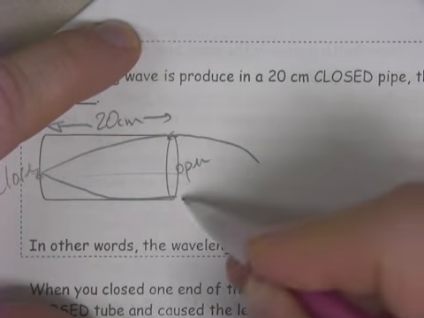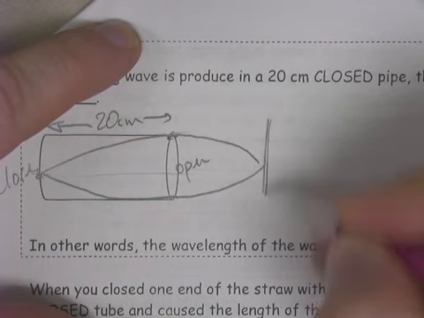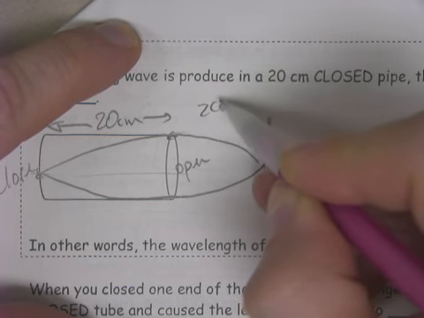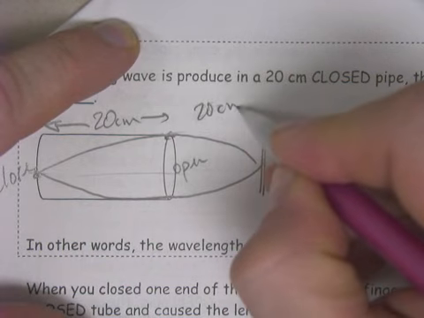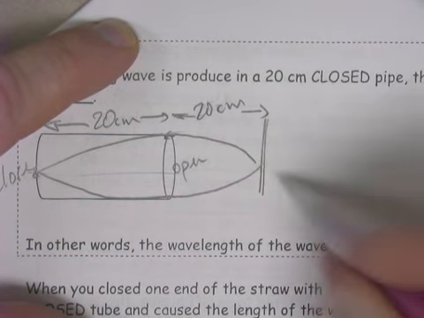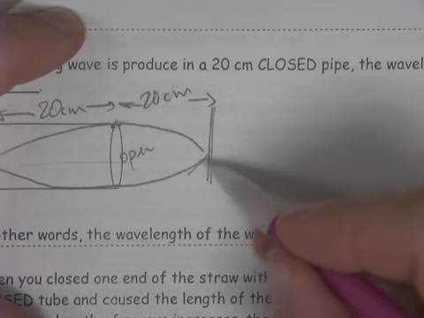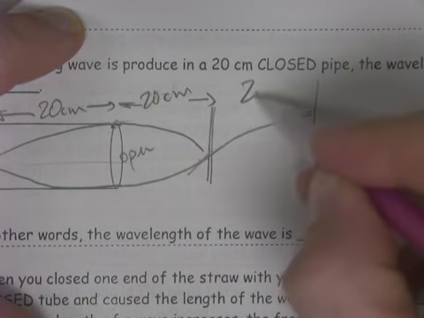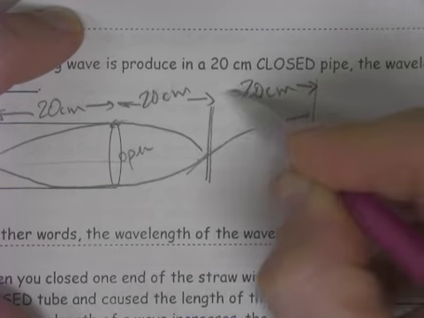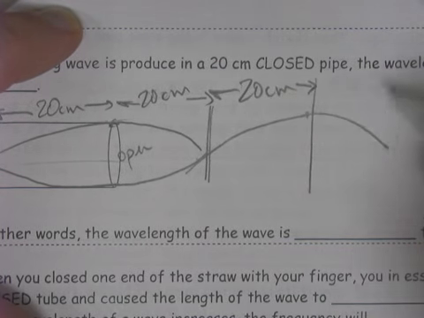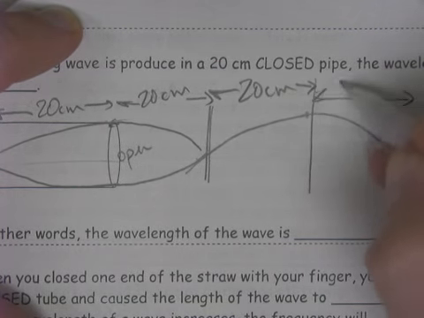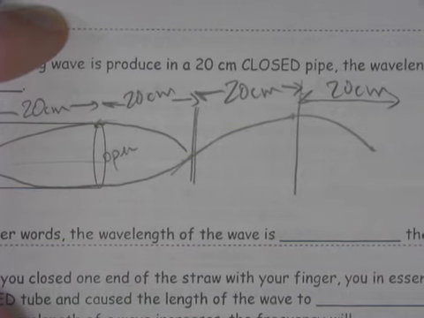So if I go like this, that gets me out another 20 centimeters. But that's only half a wavelength. I have to go on another full wavelength. So back up is another 20 centimeters, and then back down is another 20 centimeters.